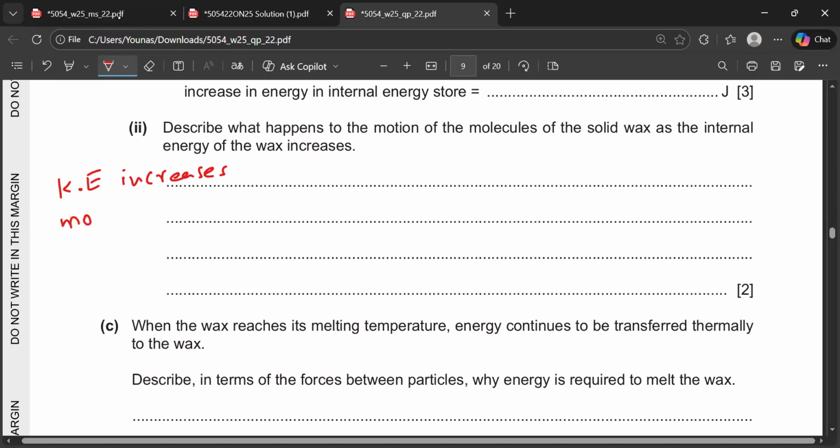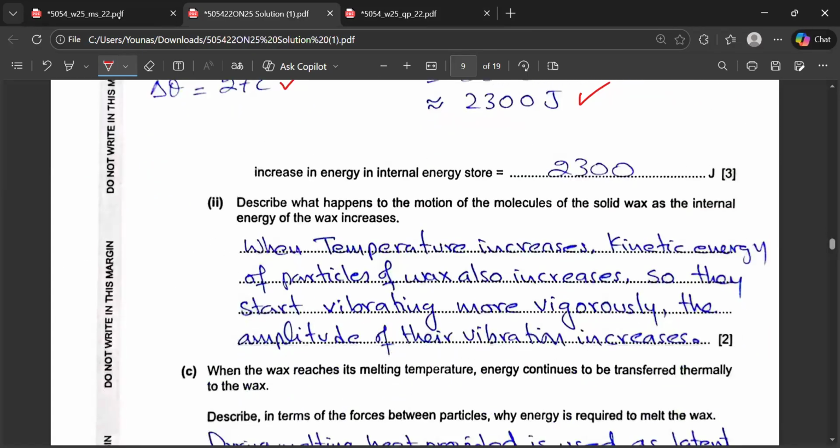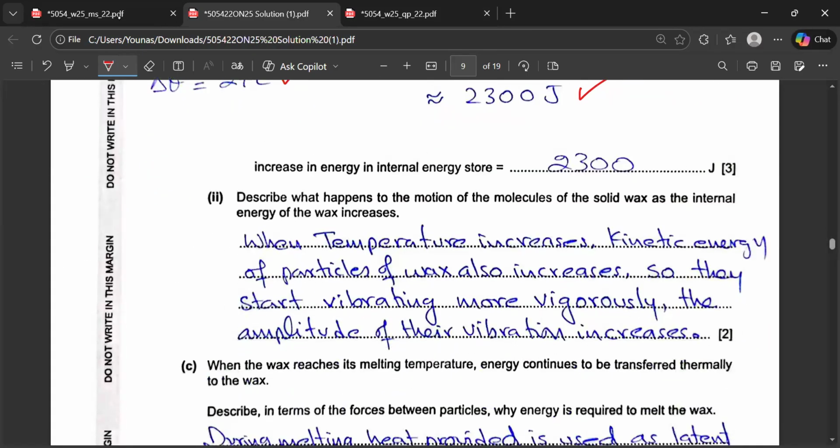Their motion is basically vibration. Their vibration becomes vigorous, and the amplitude of their vibration will increase.